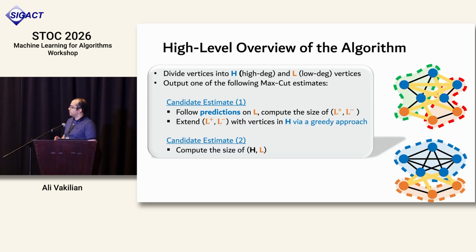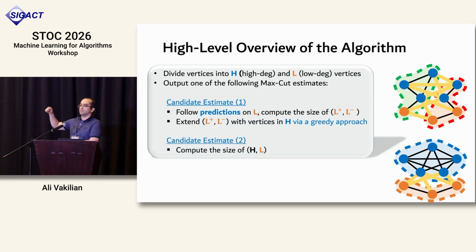One of these two candidate solutions is going to be half plus epsilon approximate. Either you follow the prediction on low-degree vertices and then try to extend that solution with the high-degree vertices in a greedy fashion.